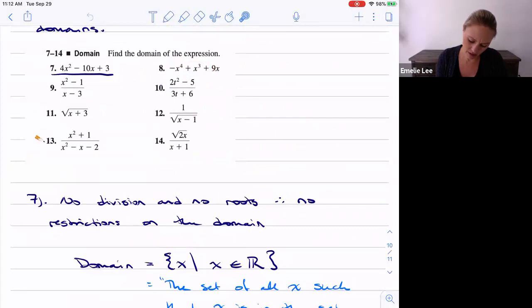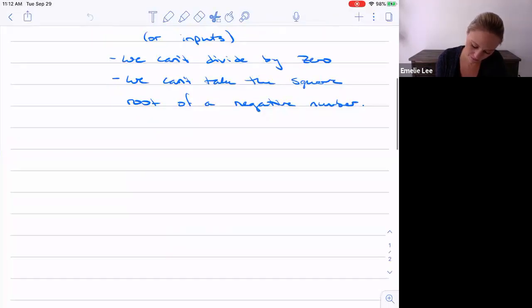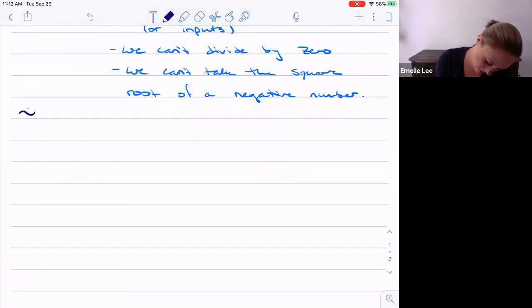And what I'm going to do is work through number 14 just to finish this off, because we did 7, 9, 11, and I want to do 14 because it's a really good one. So that's the end of our review, and we'll start with an example.